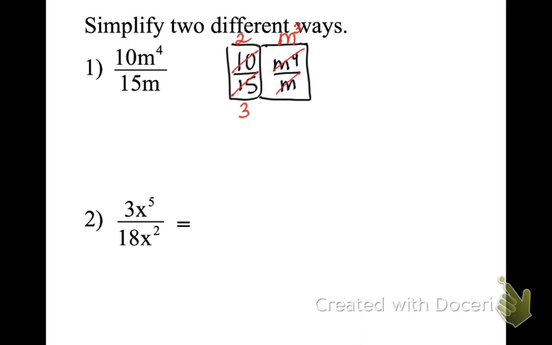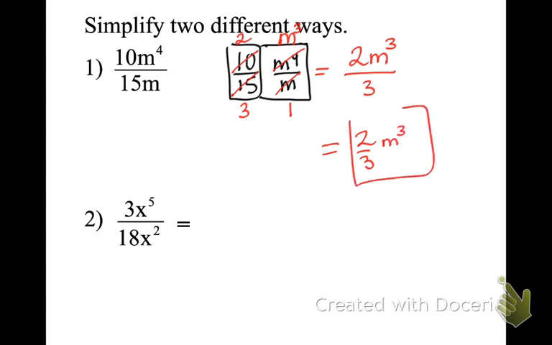When I divide an m out of the denominator, m divided by m is 1. So in my numerator, what's left is 2m to the third over 3. We can also write that as 2/3 m to the third, dropping the m to the third to the middle, not the denominator. Either of those is a final answer.